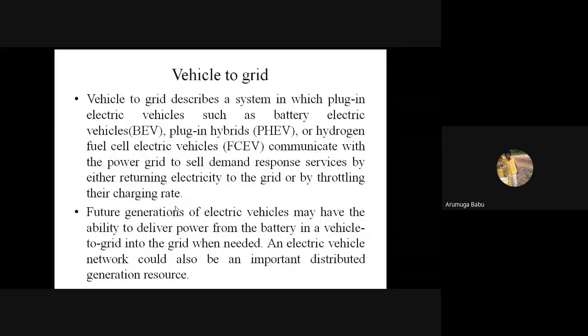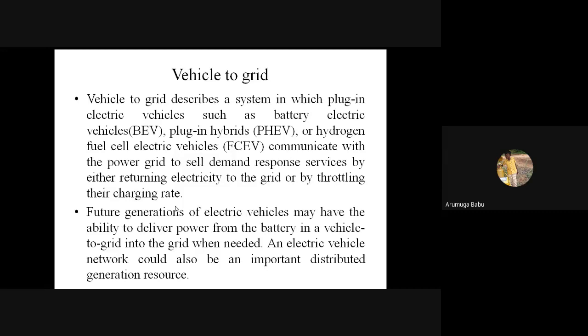The next one is vehicle to grid. Normally, if we are speaking about electric vehicles, even though they are non-polluting, we have to ask what is the source of electrical energy. It may be a thermal power plant or a nuclear power plant.